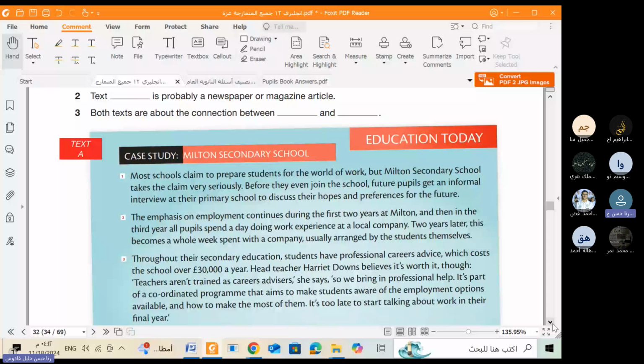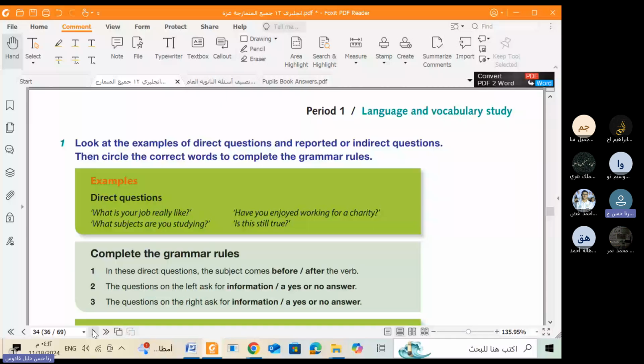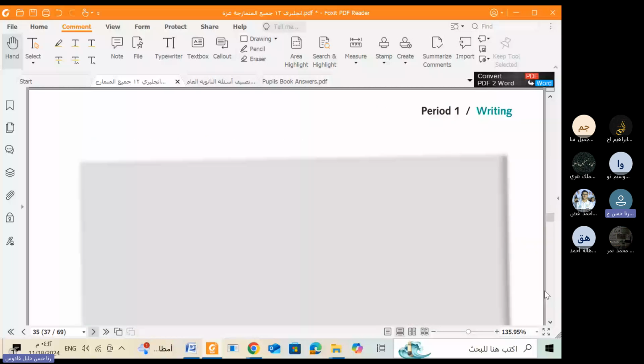They send letters to the company in order to arrange with them how they can have such experience, I mean the work experience. What we are going to do now is to know how we can write such an inquiry letter for a work experience in a company.